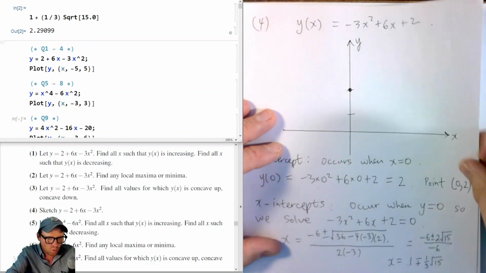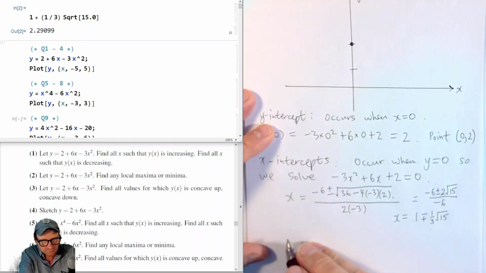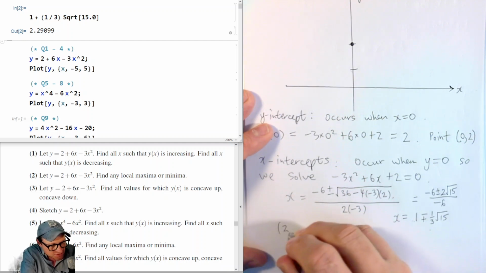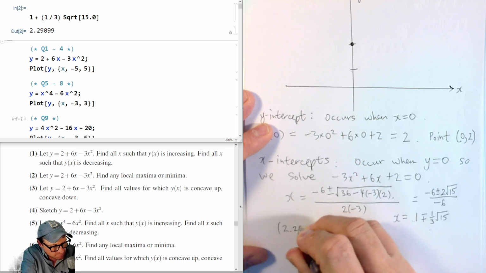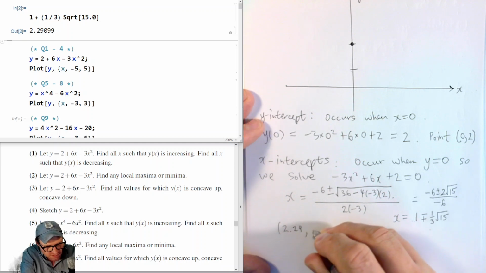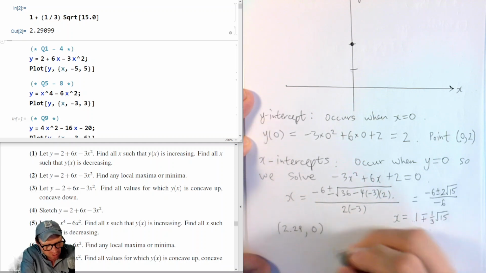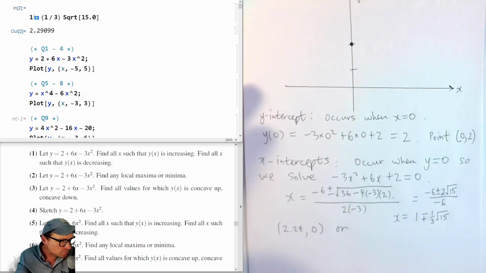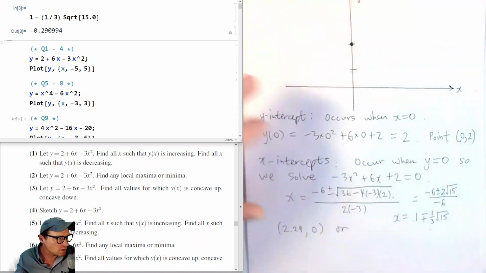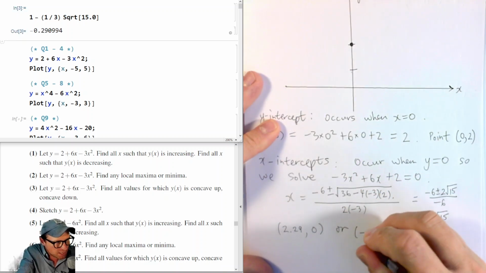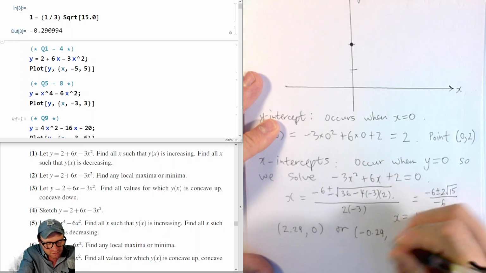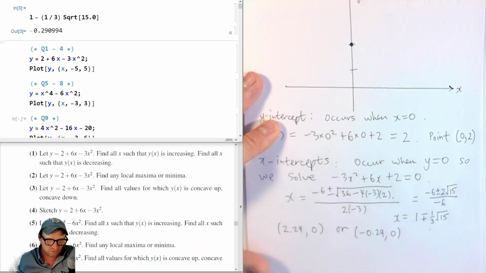Okay, and so we get x is 2.29 or so, and so the y coordinate is 0. And then if we put a minus there, we get minus 0.29, and also the y coordinate is 0.